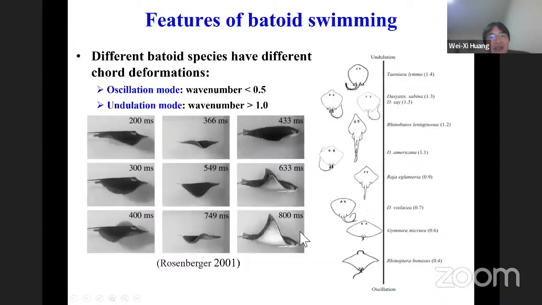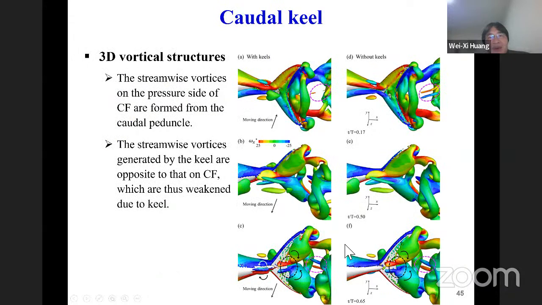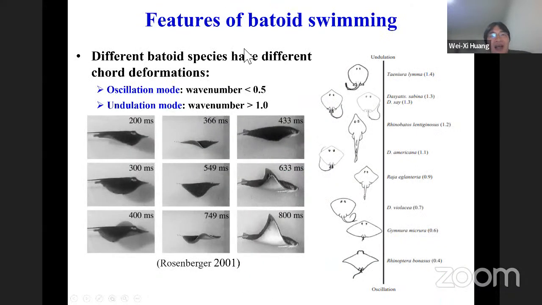Okay, so this is the second example of tuna swimming, and the third example is batoid swimming. In nature, there are different species of batoid swimming. One parameter is the flapping wave number.